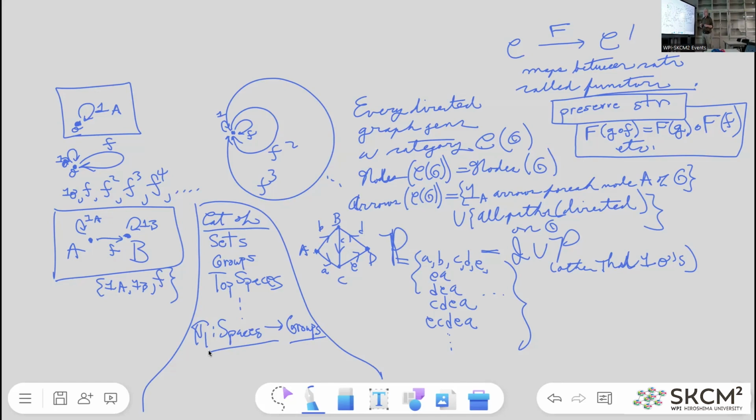So what we're going to be looking at here is categories in this arena, where we're thinking of a graphical structure and thinking of it as a category, and then asking what kind of structure can we put on that category. So look at this as a category now.